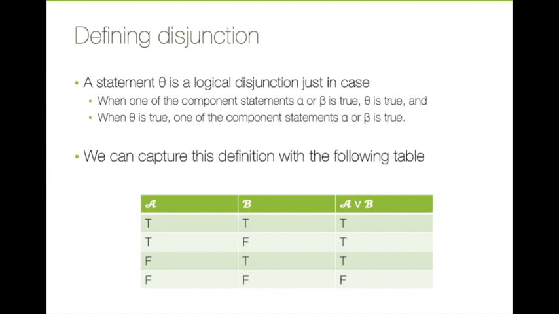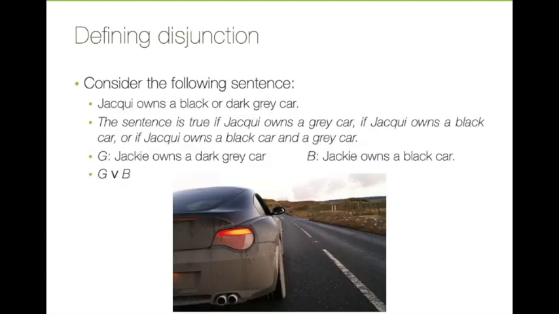As long as one of either A or B is true, so that's the first 3 rows, the whole disjunction is true. But if both are false, the disjunction is false. Again, we'll look at a familiar example to see that that table makes sense.